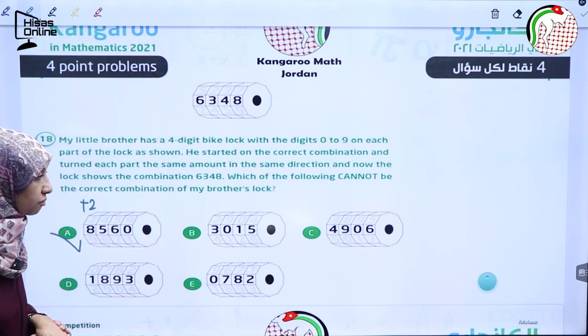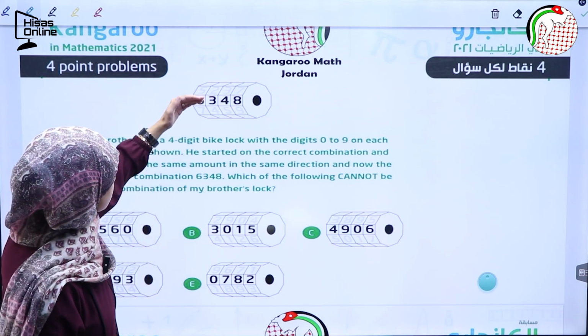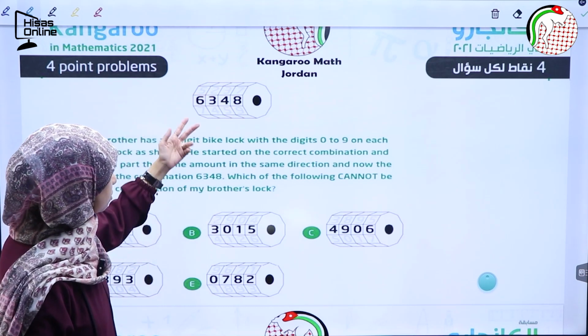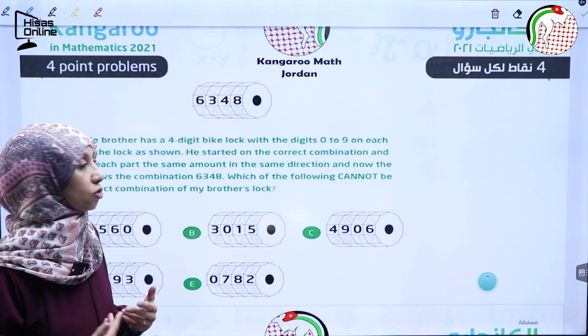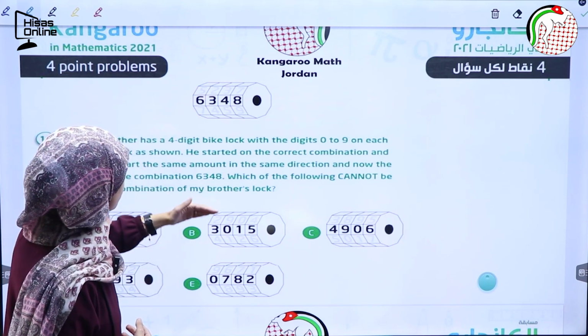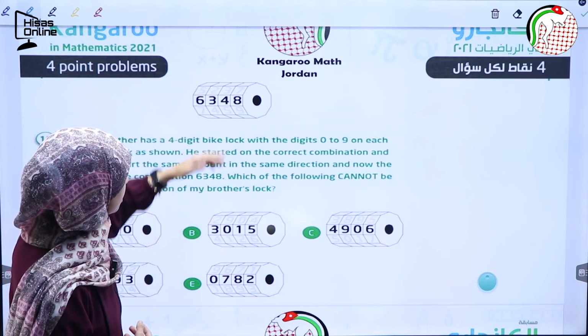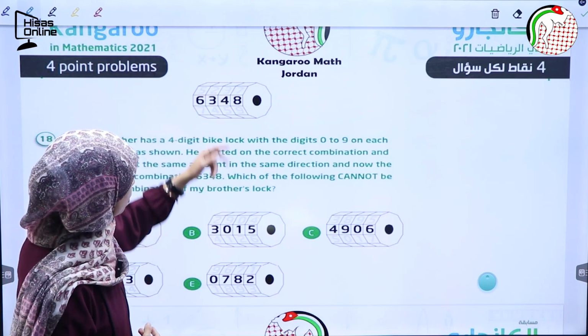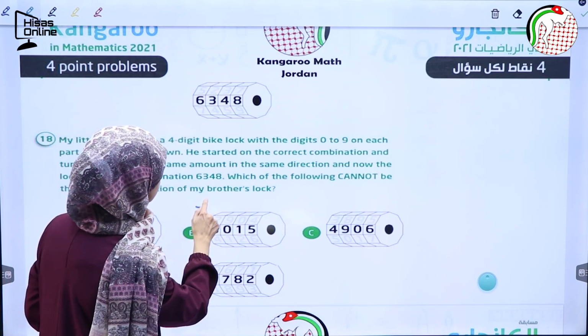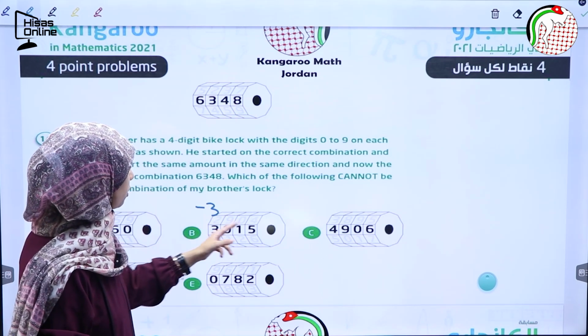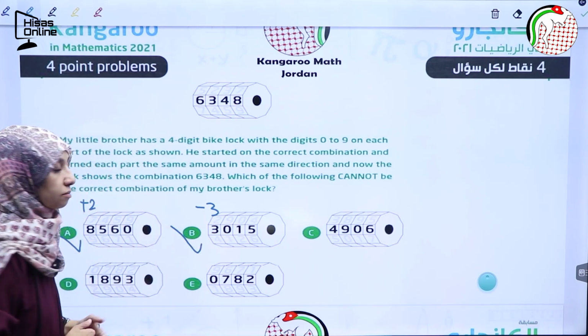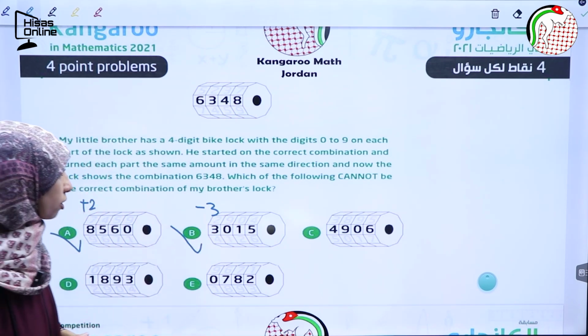Another one, 6 and 3. So the difference is 3. Let's see. 6 minus 3, 3. 3 minus 3, 0. 4 minus 3, 1. And 8 minus 3, 5. This one is also correct.